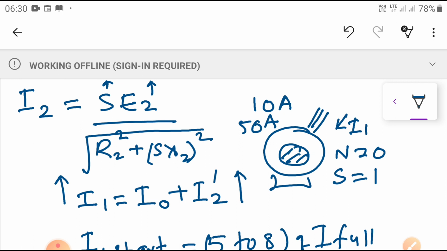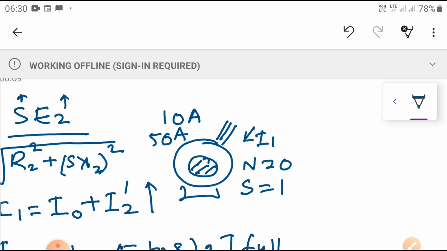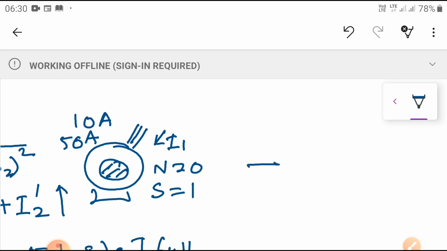If 50 amperes comes into the stator winding, but our stator winding has an enamel coating, insulation provided on the winding, then what will happen? Due to the high current, heating of the motor winding takes place.